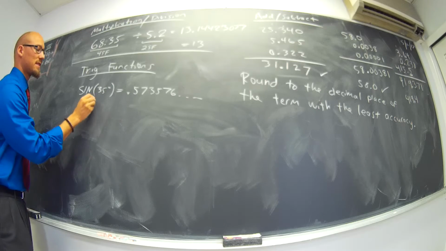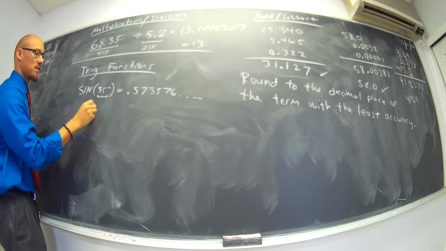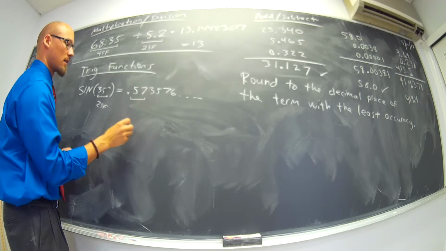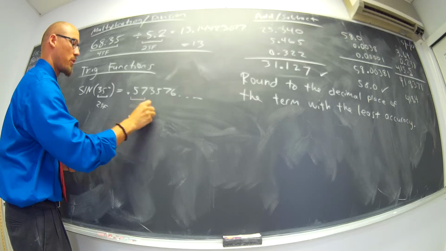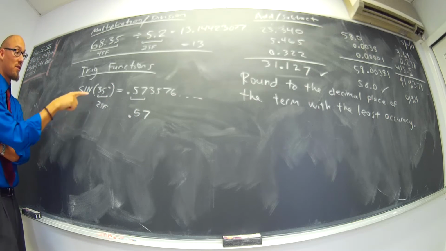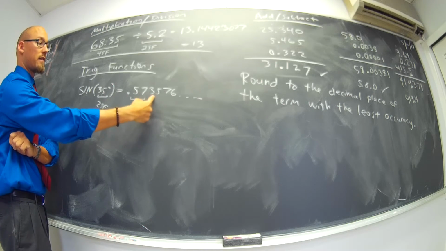So you'll use the same amount of sig figs that are in the argument for your sine function. Since there are 2 sig figs, our answer can be 0.57. But if it had 3 sig figs, if you said 35.0 degrees, then we would carry out another one.